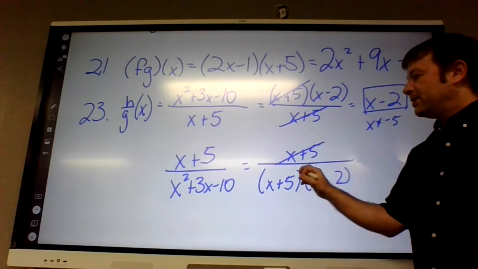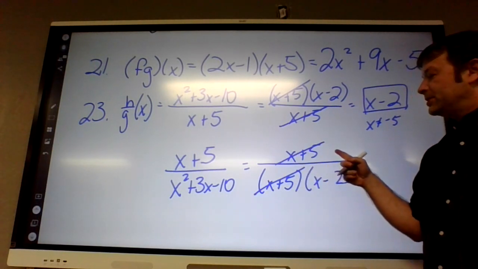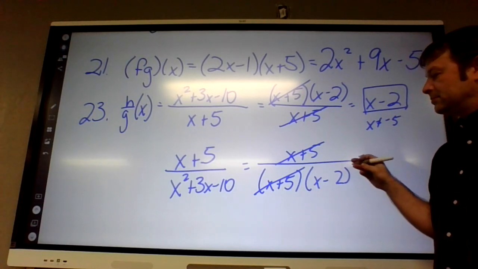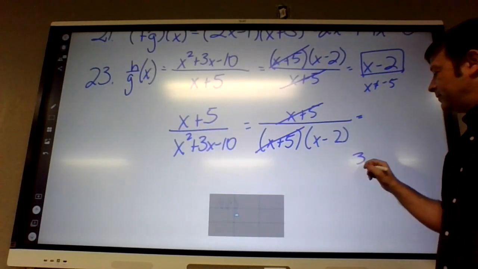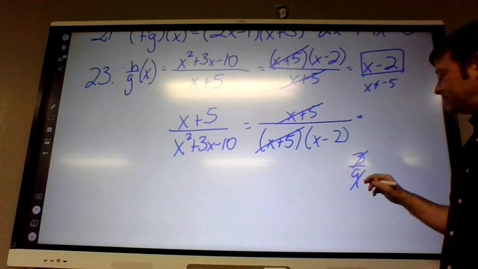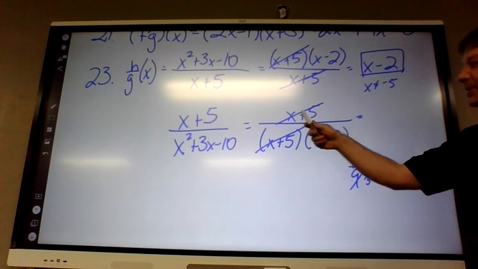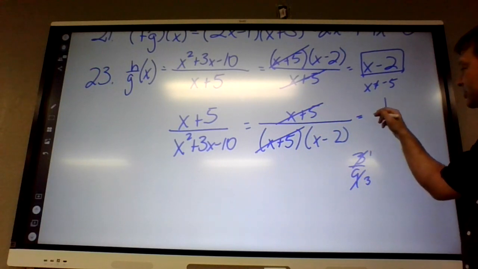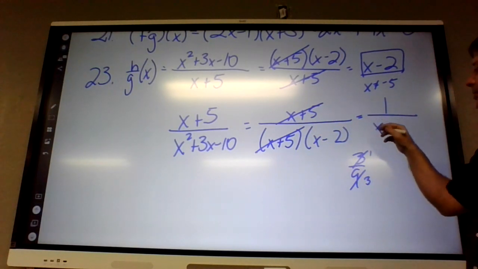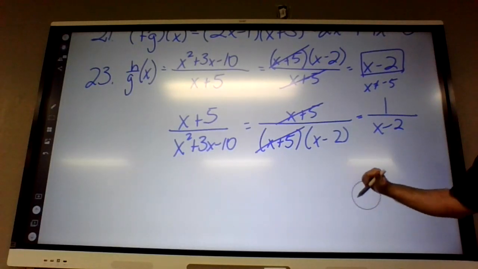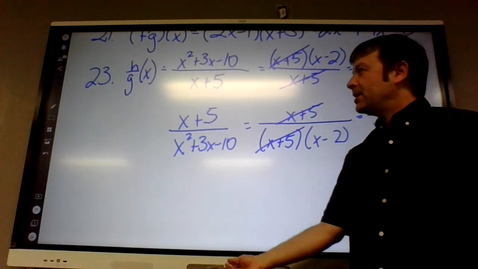It still cancels out. What do I put on top? Like 3 over 9, this cancels out. That's a 1. Anything divided by itself is 1. So it's just 1 over. Yeah, kind of accidentally did that one.